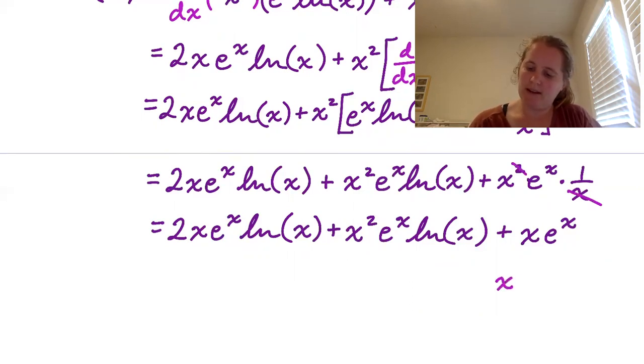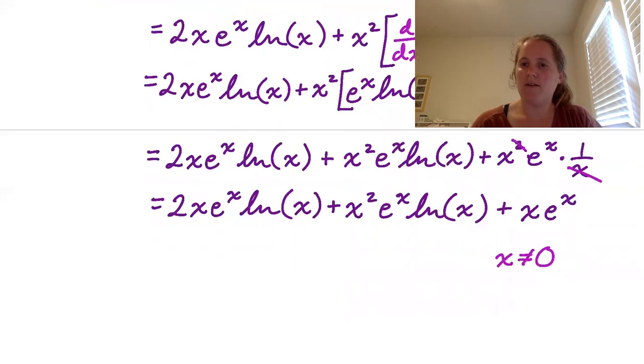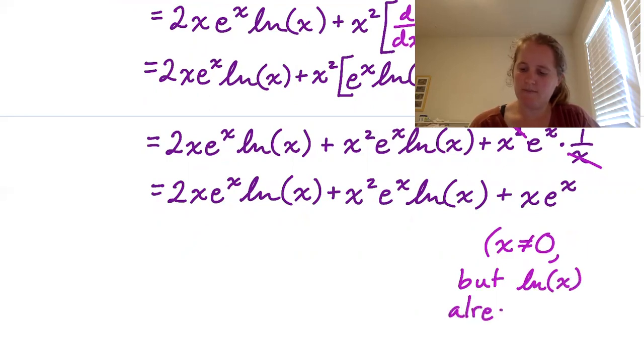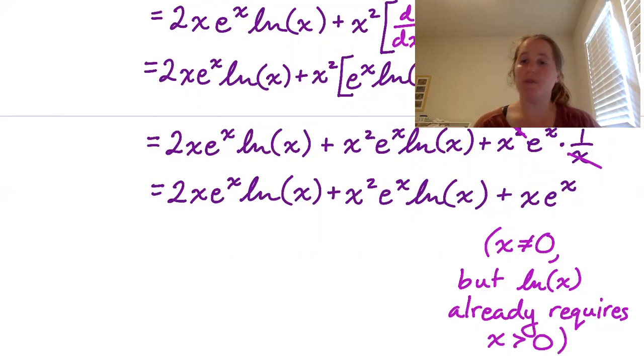So we would say x is not equal to 0, but we already know that. So natural log of x already requires x greater than 0. And so we don't need to write that in this case when we did our simplification.